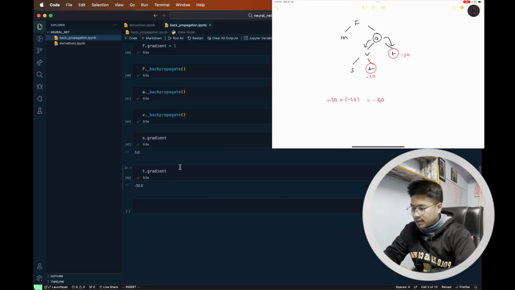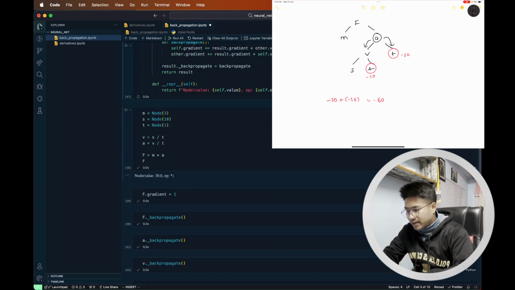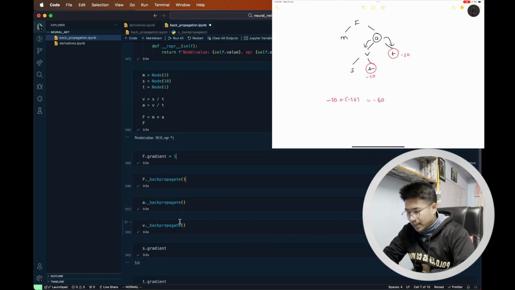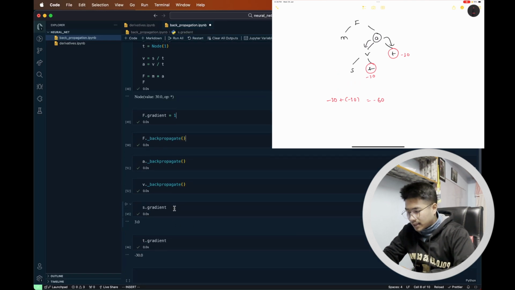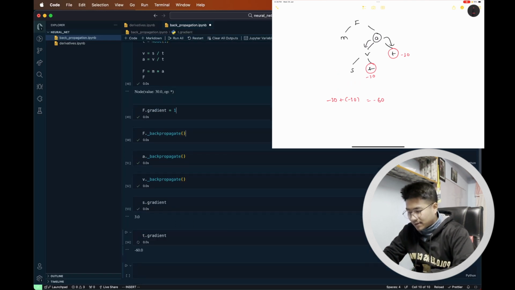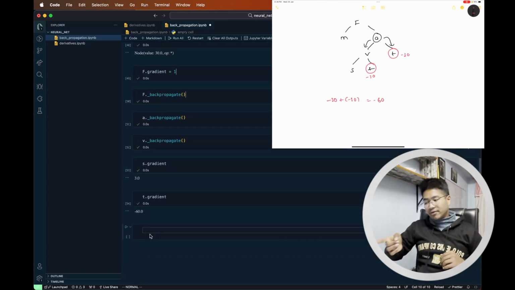Great. So if I run everything again now, this gradient, this backpropagate, this backpropagate, and this backpropagate, and then calculate s gradient and t gradient, now the gradient for t is correct.